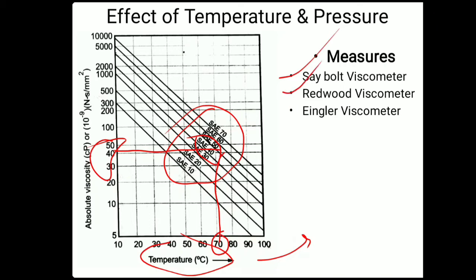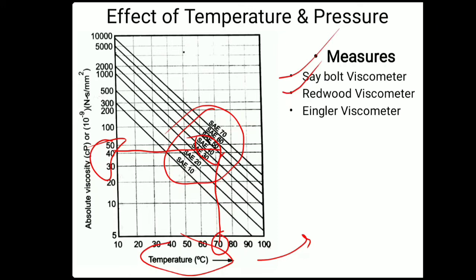In that, a conical flask is there, in which lubricant oil with proper viscosity is filled, and a wooden block is inserted in it. At the initial level, they check the viscosity of the lubricating oil and the level of the wooden block. After heating the flask, after some time they check again, because due to temperature the viscosity is reduced, so the block moves toward the downward side of the flask, and that reading they check.